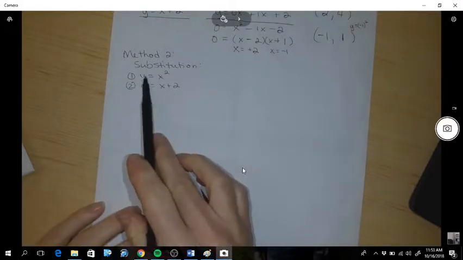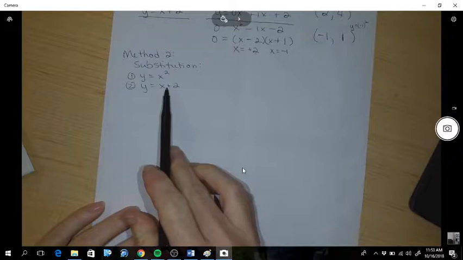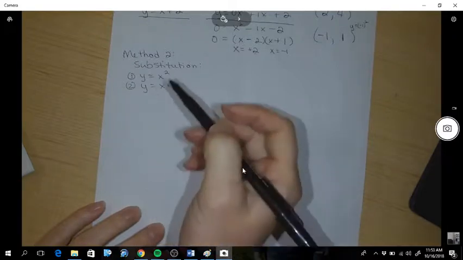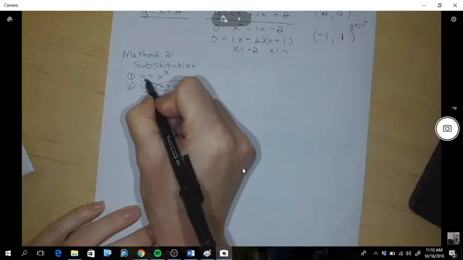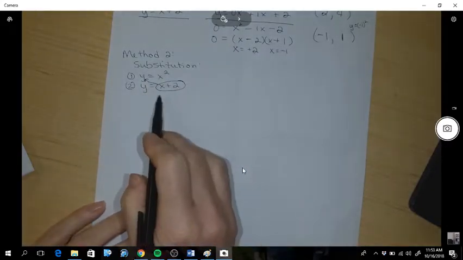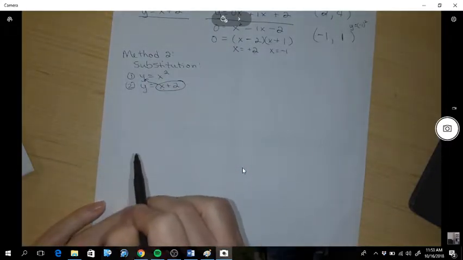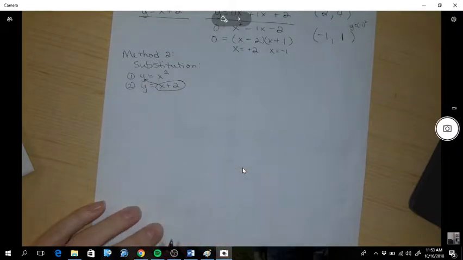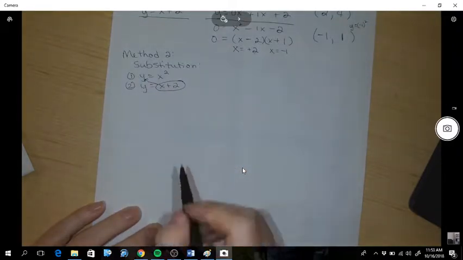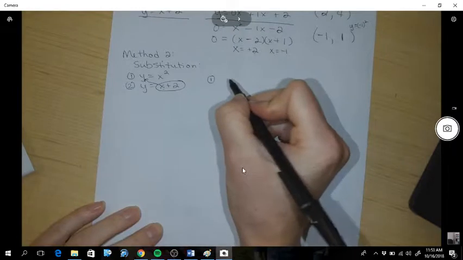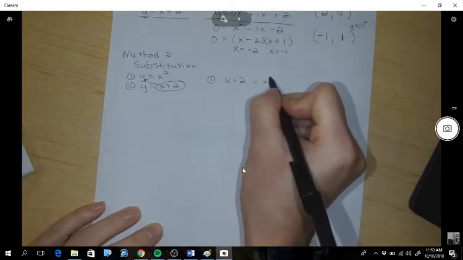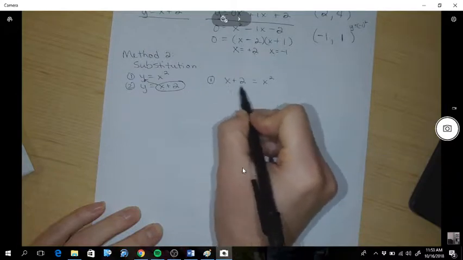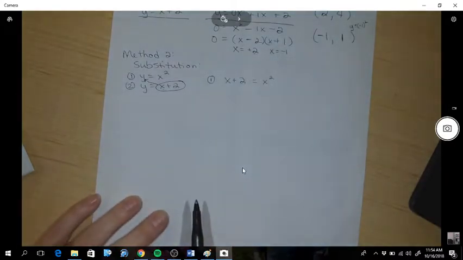So if y equals x squared and y is also equal to this, can you see that I can replace this with that y because I know that this is equal to a y. So I can replace it, substitute it in there. Okay, so into equation 1, the y is getting replaced. So do you see how right here, that's just a replacement of the y.